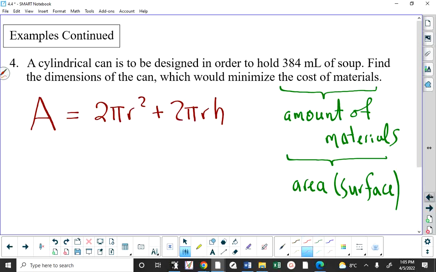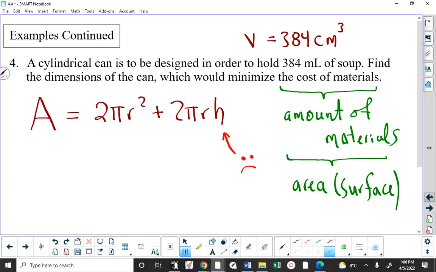Of course, that's not a good thing, having an extra variable, so we have to get rid of h. We're going to get rid of h by knowing that the volume is 384 cubic centimeters. Again, a cubic centimeter is a milliliter. That's our constraint.